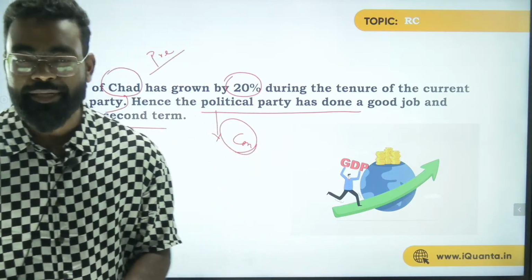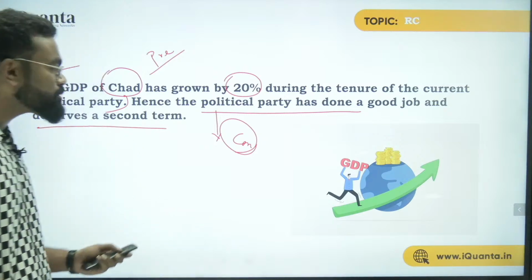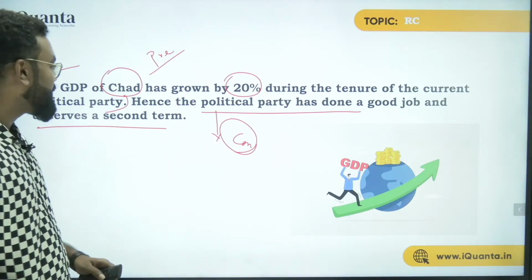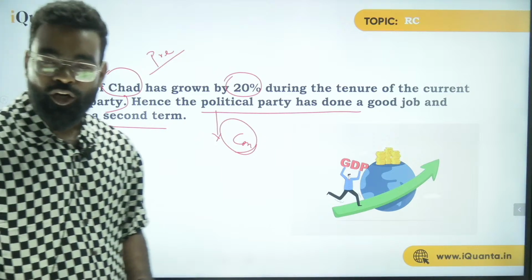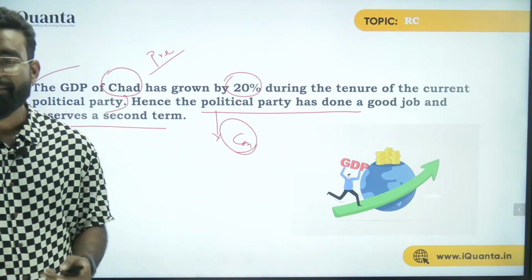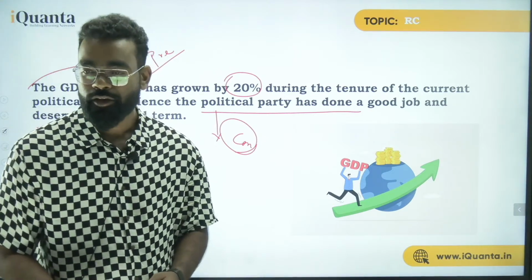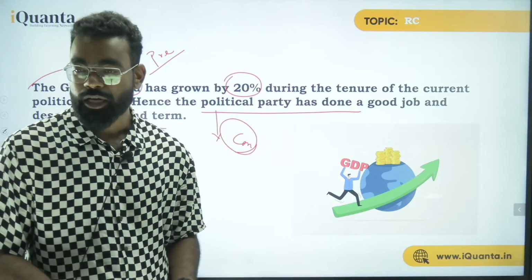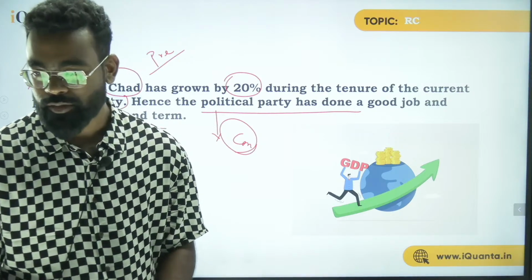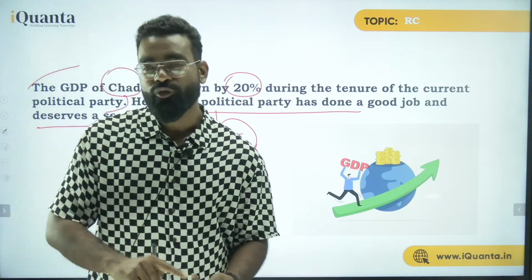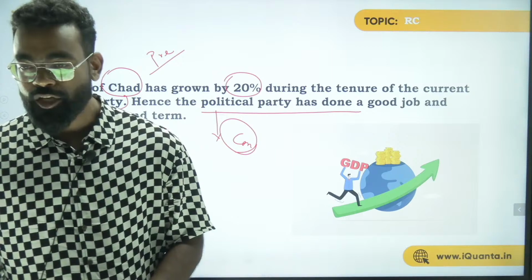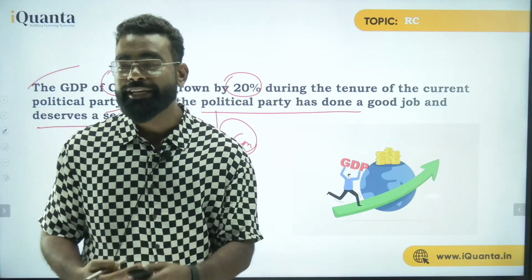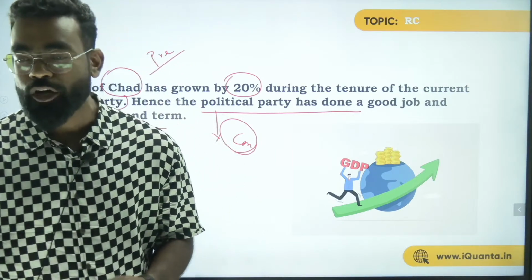The assumption, let me discuss what the assumption is. Basically, GDP is one of the most important indicators of whether a political party has done a good job or not, or whether we re-elect the political party or not.